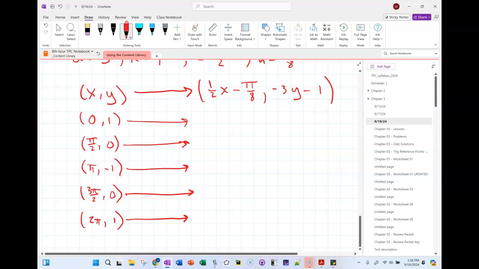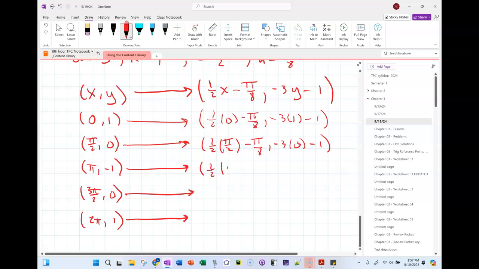Okay. So what I'm going to do now is I'm just going to plug each of those x and y's into my formula that I wrote down above. You guys see what I'm doing?